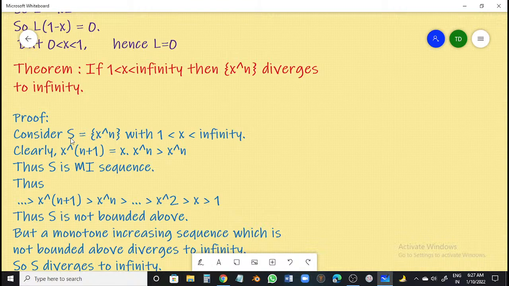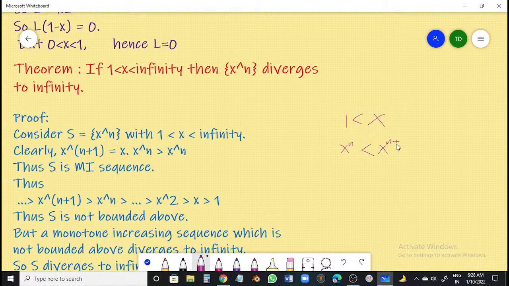It is x times x raised to n, but we know that x is greater than 1. Let us see. What we know is 1 less than x. Now on both sides let us multiply by x raised to n, and we know x raised to n is positive because x is already greater than 1. So this side is x raised to n, and here I am getting x raised to n plus 1.